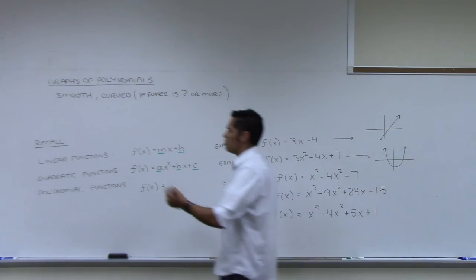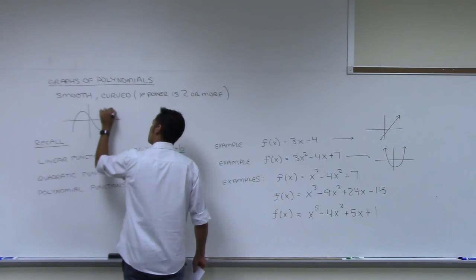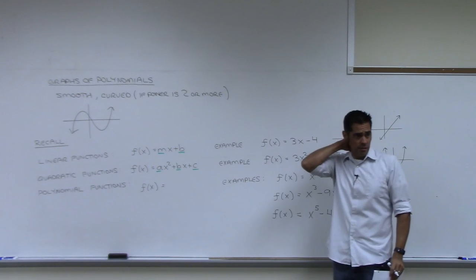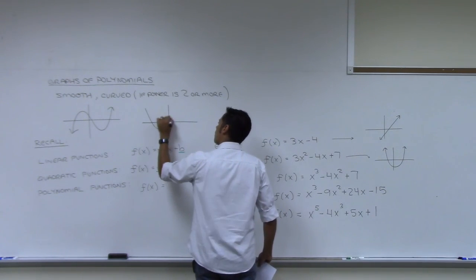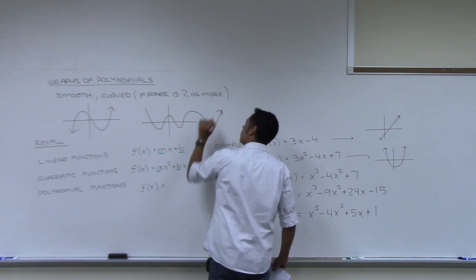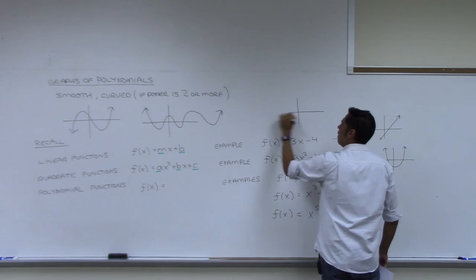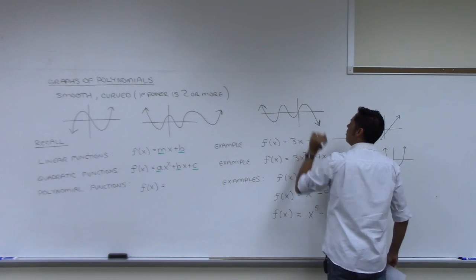So if I imagine drawing this, here's one example. I could have something like this. That's smooth, that's curved. I could have something like this. Now look at those arrows.